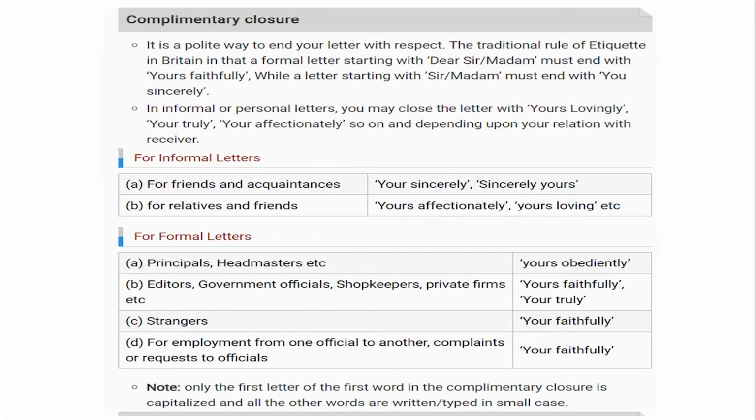If you want to get 8 or 9, which is the highest mark for a letter, you have to give your full concentration. You have to know how to write an informal letter, how to write a formal letter, and how to write a complimentary closure. Because in the SSC level you have to learn how to write a letter, but in the HSC level you have to learn it again. But the matter of fact is that it is the time to develop yourself.